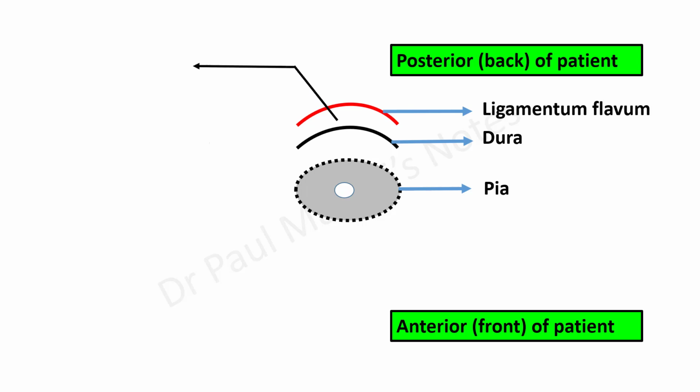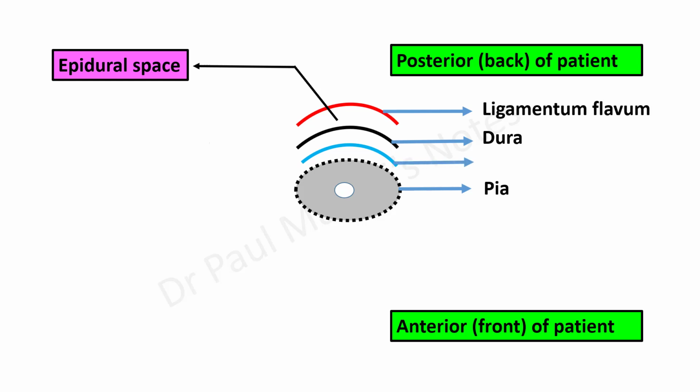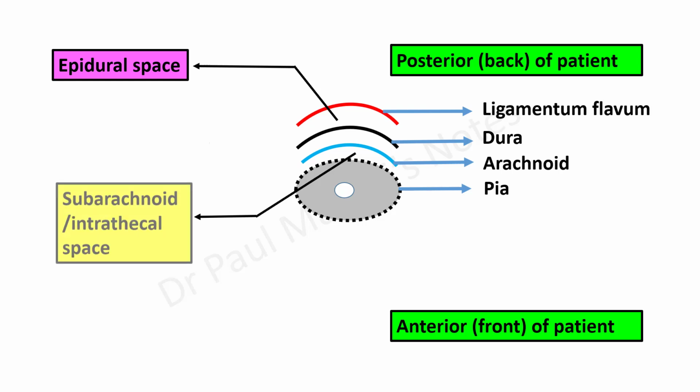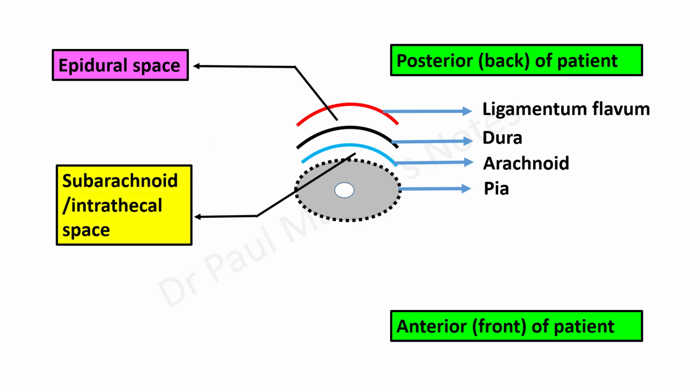The space between the dura and the ligamentum flavum is what we call the epidural space. And now, in between the dura and the pia mater, we get the arachnoid layer of the meninges. And the space between the pia and the arachnoid is what we call the subarachnoid or intrathecal space when viewed from the posterior aspect of the patient.